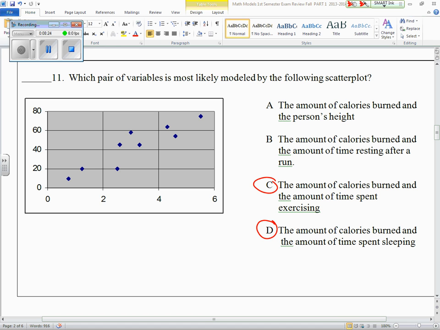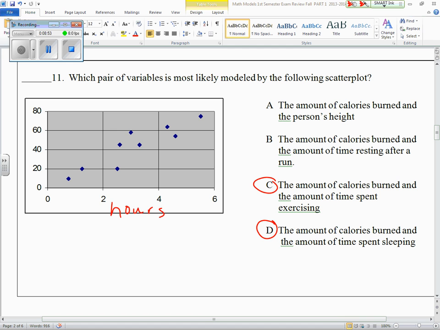It kind of depends. If this is in minutes, then after 6 minutes of exercising, I might expect to burn about 80 calories. Sleeping, probably not. But if this is in hours, then you're burning calories all the time anyway.